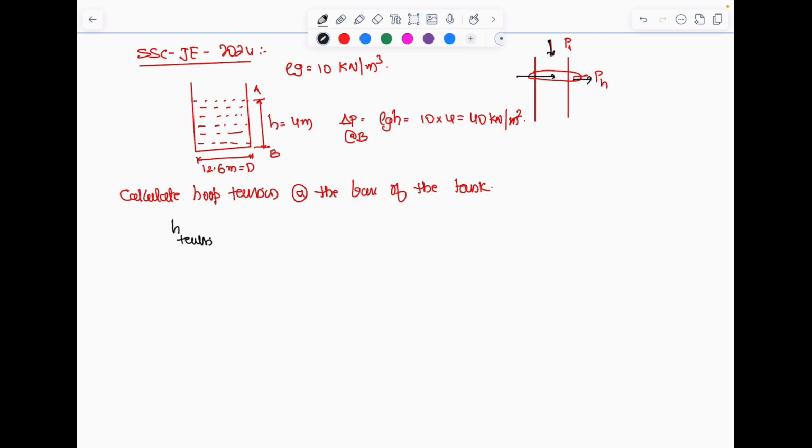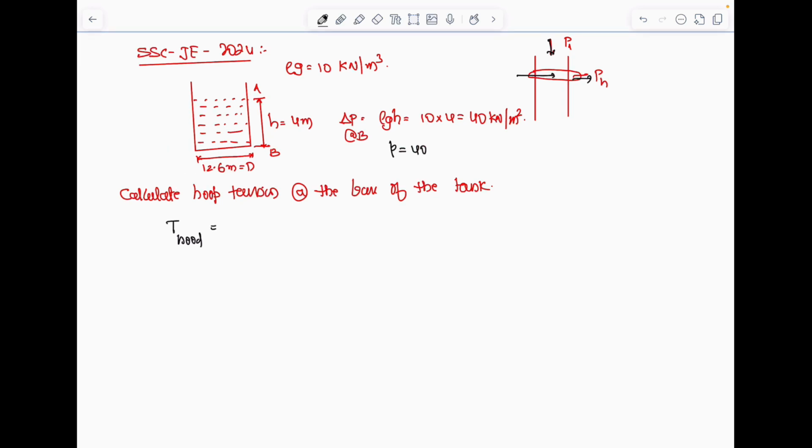Then hoop tension, or we can even abbreviate it as T hoop, is equal to, we know the P, P is equal to 40. PD by 2. This is the hoop tension formula.